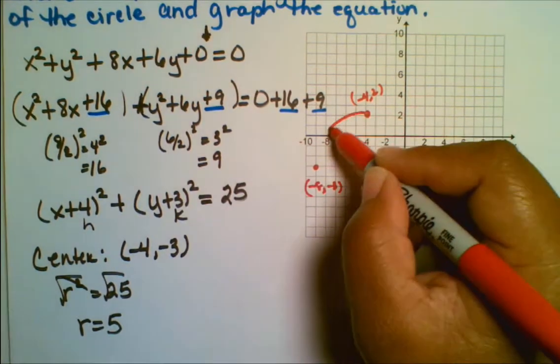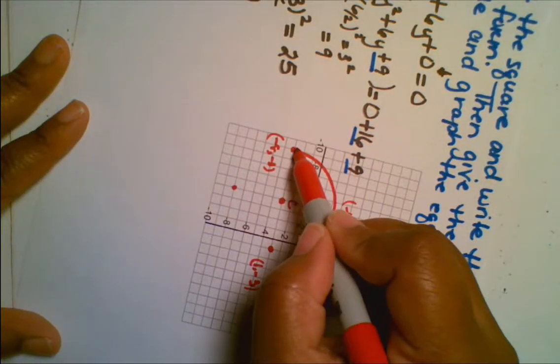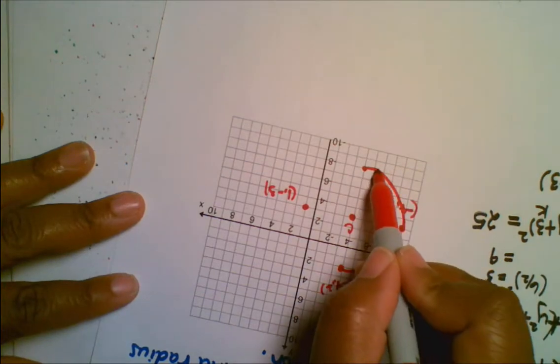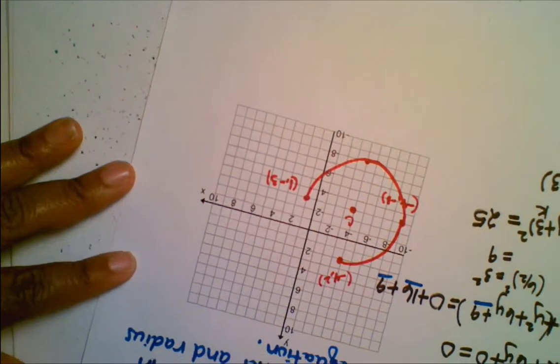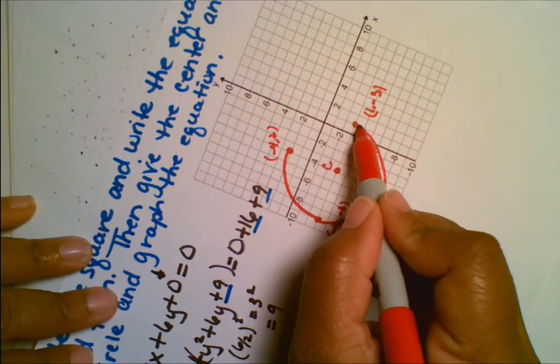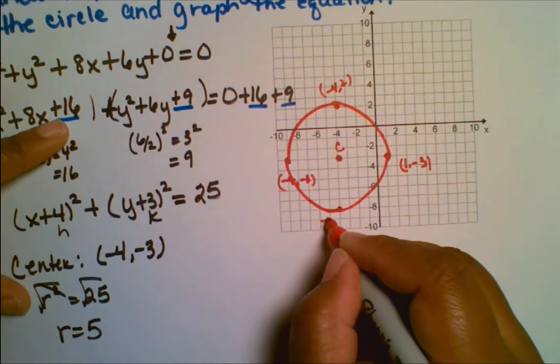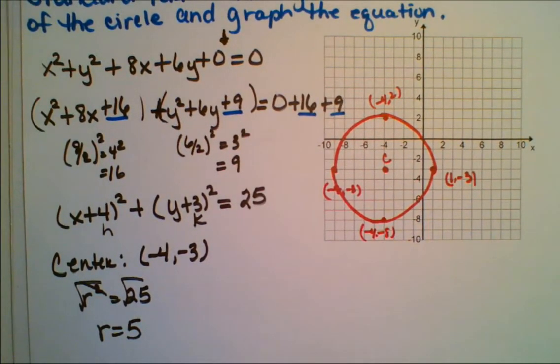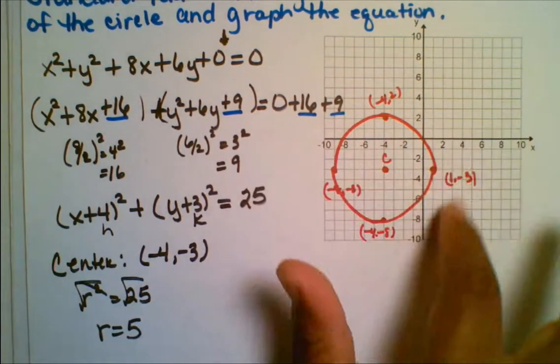Make our circle. And there we go. There's our circle. The circle is not perfect, but you have everything that you need to make it as much of a circle as possible.